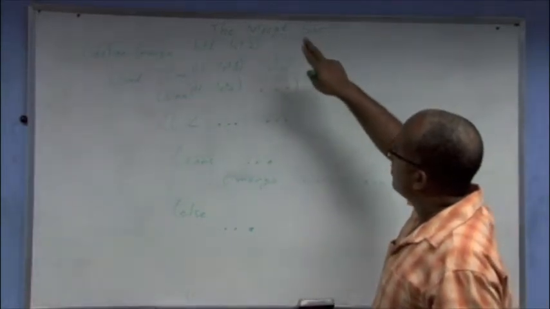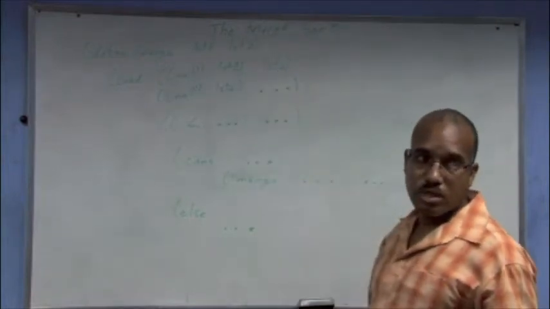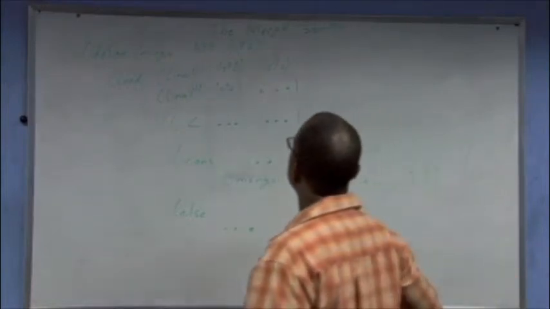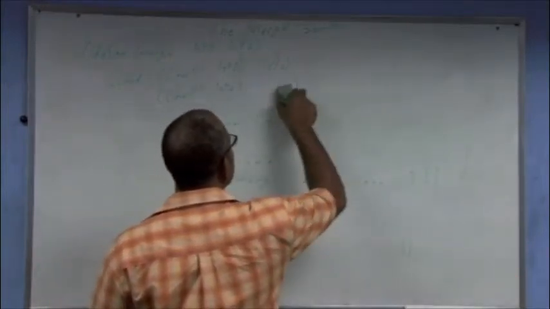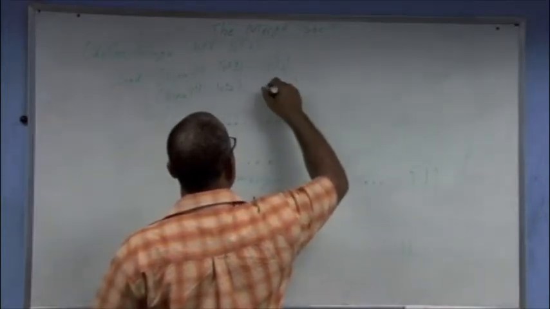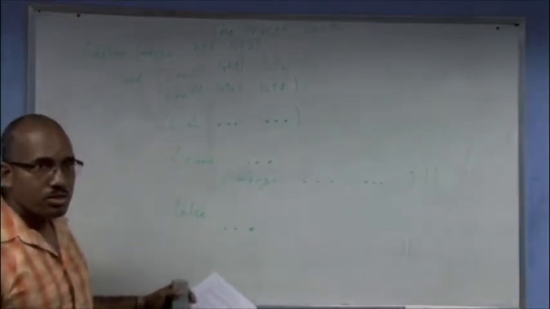So if this one is null, then return list 2. If list 2 is null, we return this one. So we've taken care of the cases where either list could be empty.